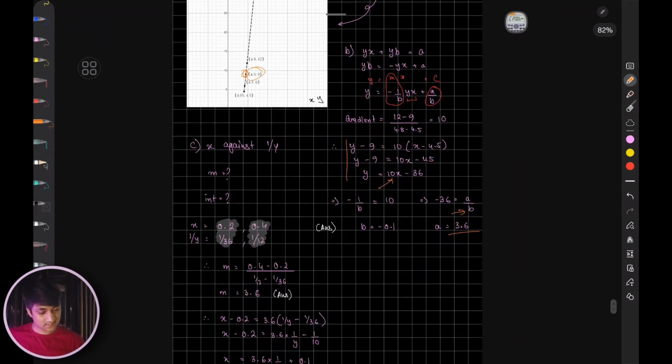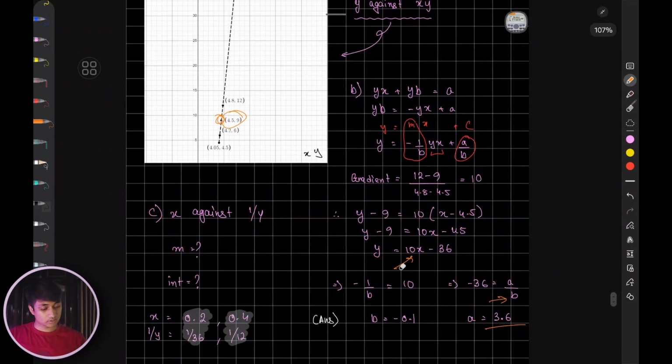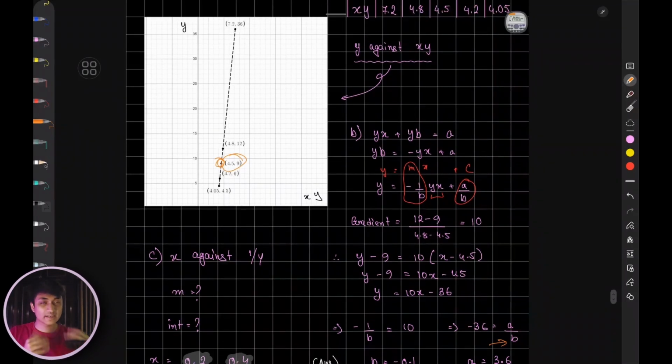Okay, so there is part C as well. To repeat what I did over here in B, very simple. I compared with y is equals to mx plus c, and I found out the constant b by equating the gradient to minus 1 by b. That was the first part. Second part was I took any of the points, right? You can take any of the points on the line, that is 7.236 or 4.812, doesn't matter.